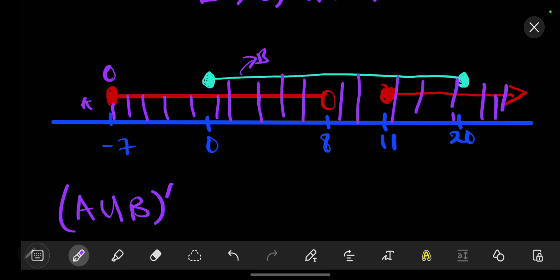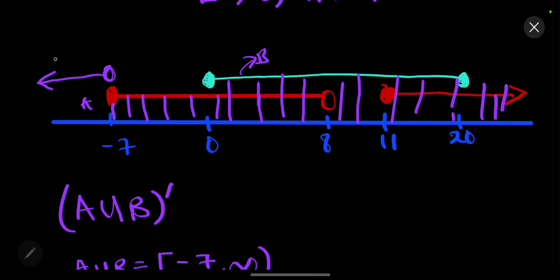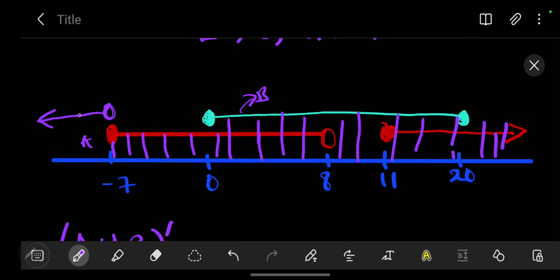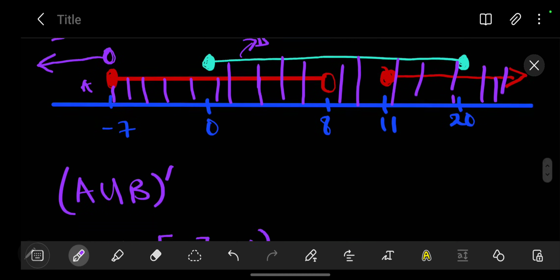So at this point is where our A union of B complement will be. It will be all the values that are not included in A union of B, which are from -7 going to the left, spanning to negative infinity.